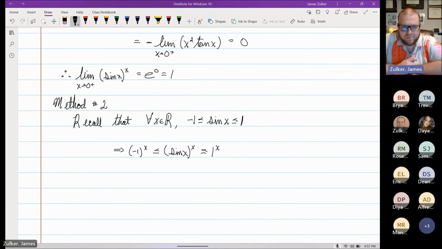So -1 to the x would be less than or equal to sine of x to the x, which is less than or equal to 1 to the x. Think about that. Is that true?